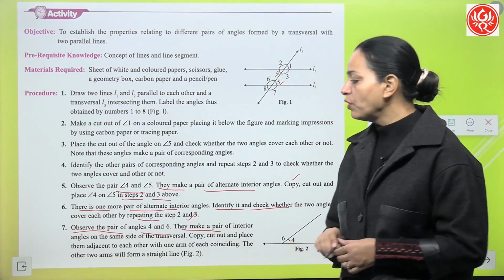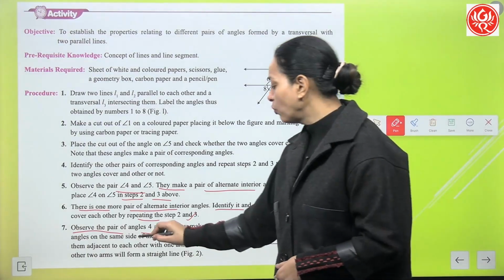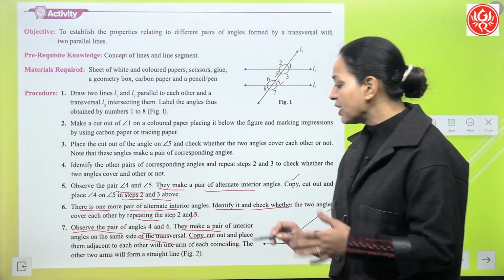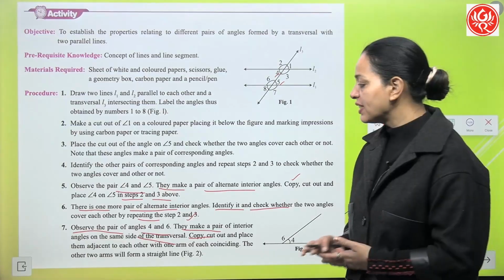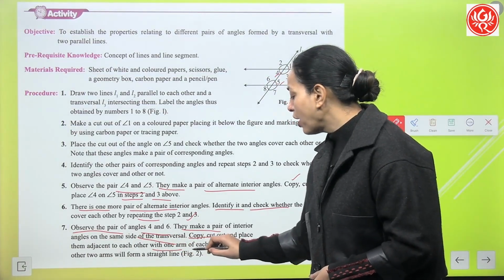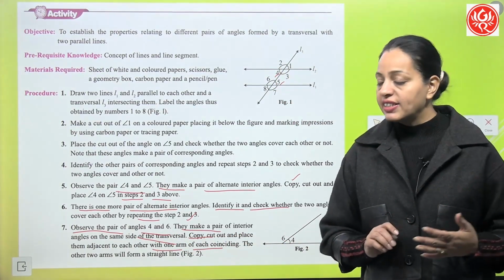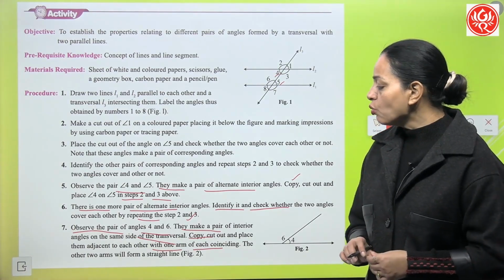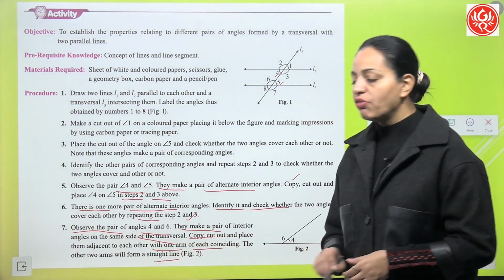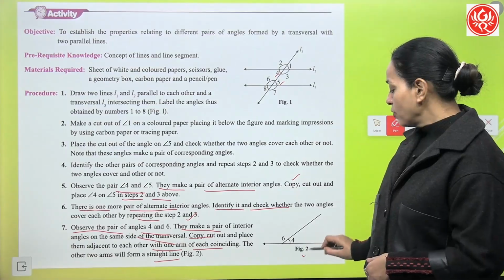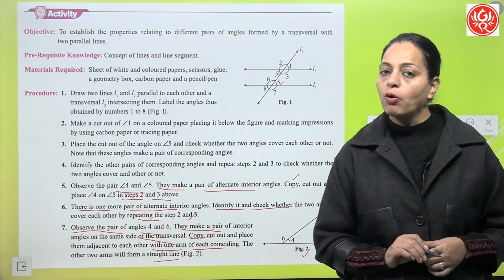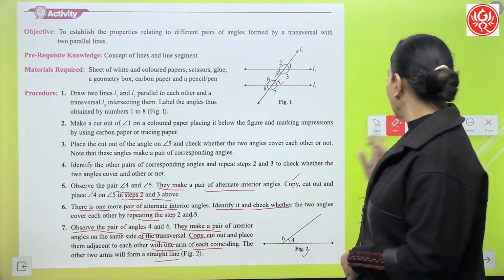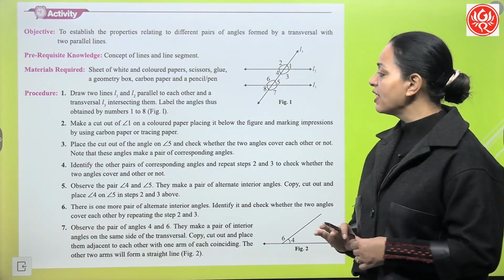They make a pair of interior angles on the same side of the transversal. Copy, cut out and place them adjacent to each other with one arm of each coinciding. So the other two arms will form a straight line, right? So 6 and 4 will form a straight line. So I hope this activity is clear to you.